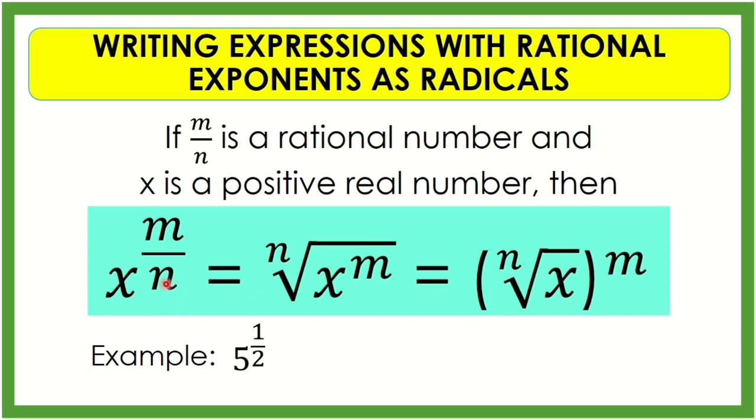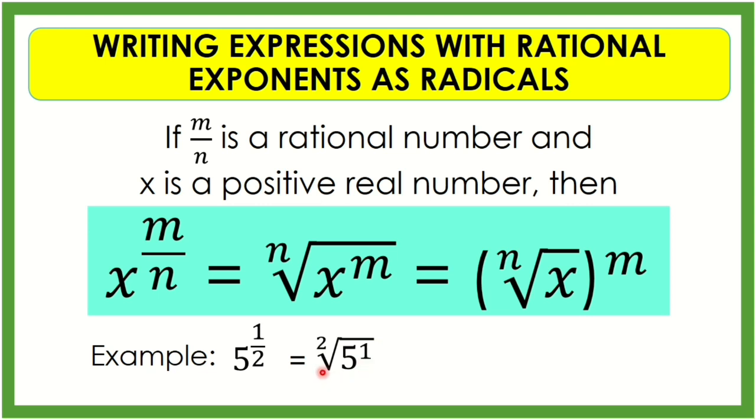At yung denominator, siya yung magiging index. So, dito sa ating example, ang ating denominator is 2. So, yun yung ating magiging index. And then yung 1, yun yung magiging exponent ng ating base na 5. So, we have equals square root of 5 raised to 1.